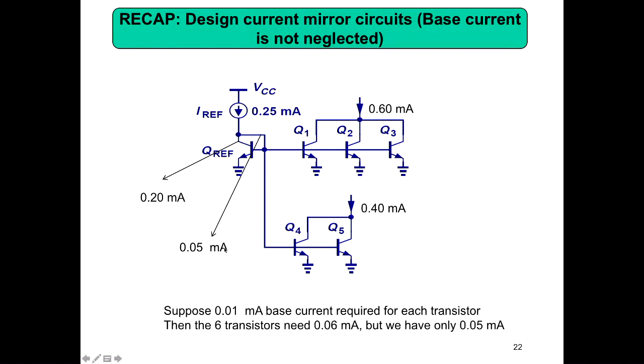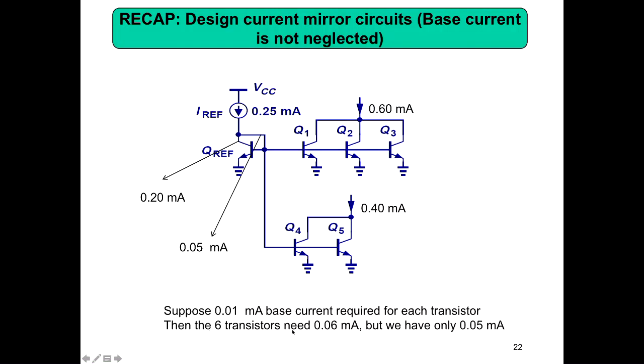Then what I have noted is, suppose 0.01 milliamps base current is required for each transistor, which means for this transistor the required base current is 0.01, and then this transistor 0.01, this transistor 0.01, 0.01, 0.01, 0.01. So how many transistors are here?